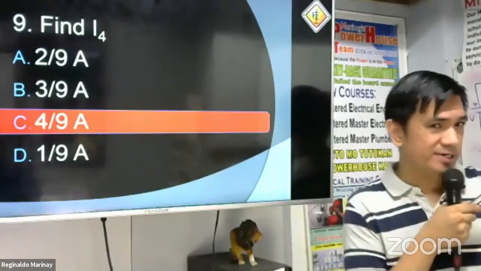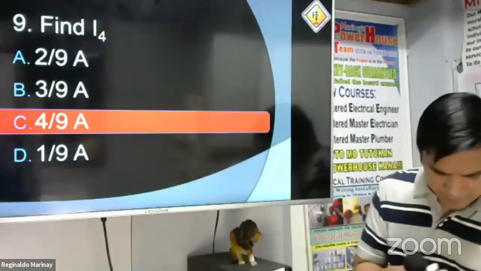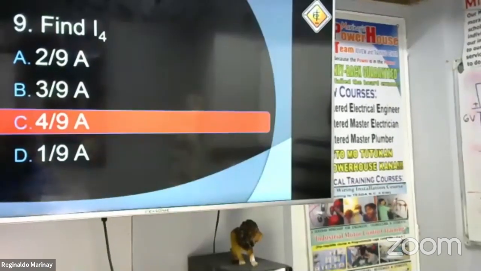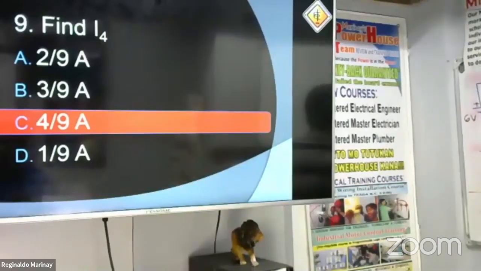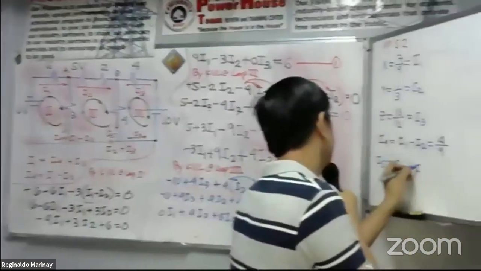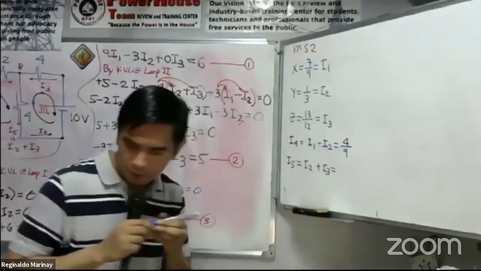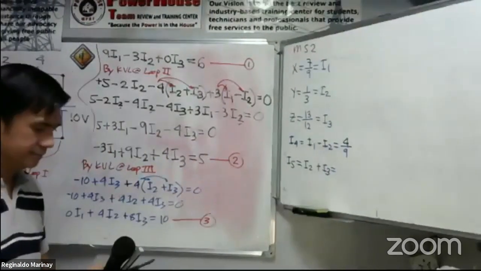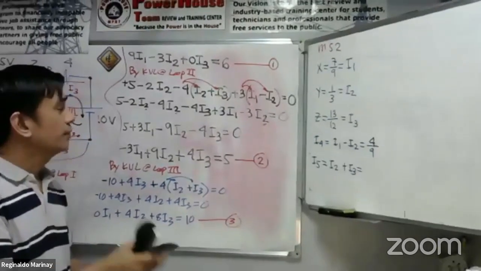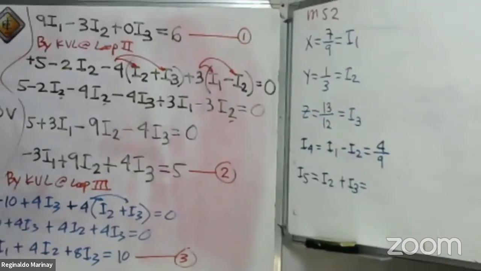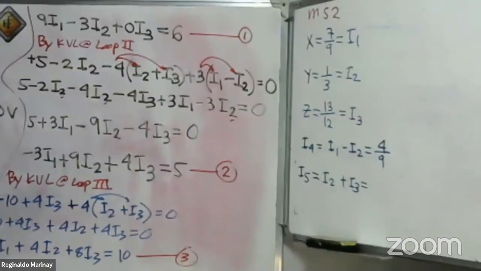Okay, last number. Our number 5 is I2 plus I sub 3. That is equal to what? What is our I2? 1/3.